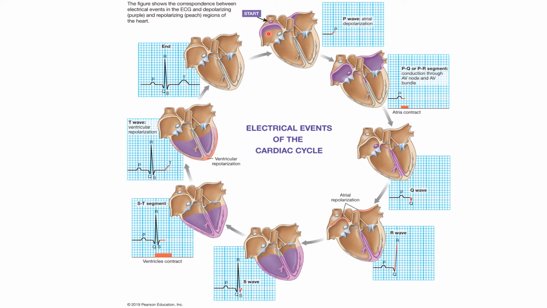You can see that the depolarization wave is spreading throughout the atria chambers, and the P wave is starting to form because the atria are depolarizing. They are still depolarizing, and the message is spreading throughout the atria. And you can see that the action potential is starting to move to the AV bundle and the branches, and we are already at the PR segment.